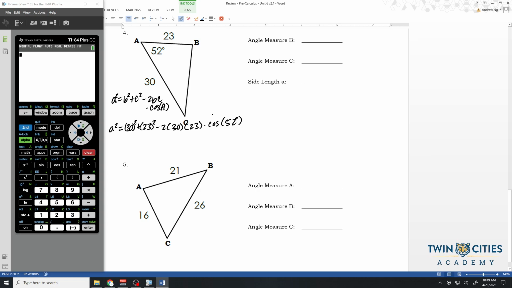This I can just put in all at once. So that'll be 30 squared plus 23 squared, minus 2 times 30 times 23 and times the cosine of 52 degrees.